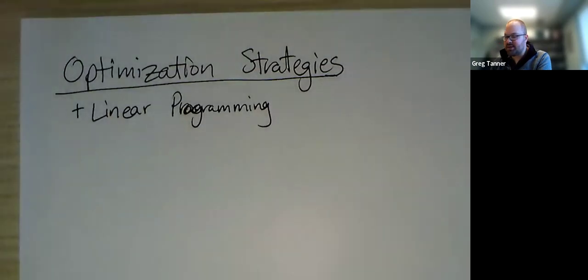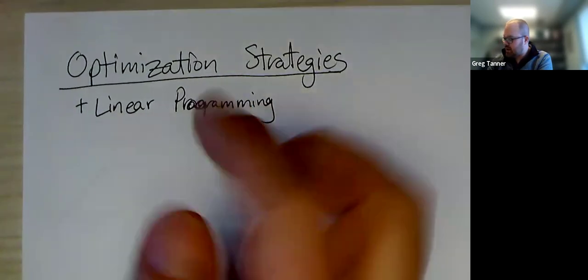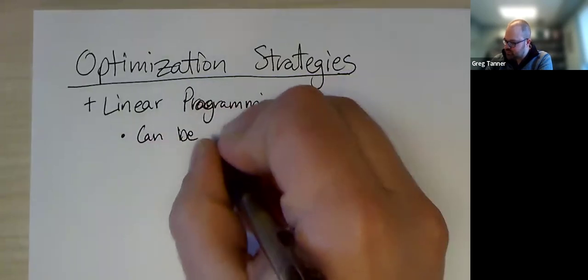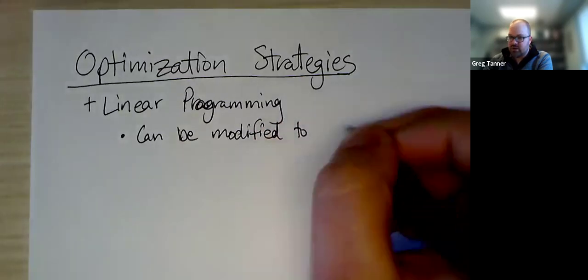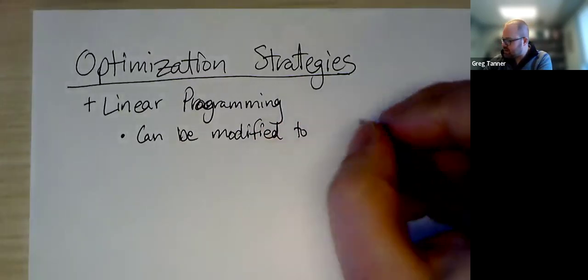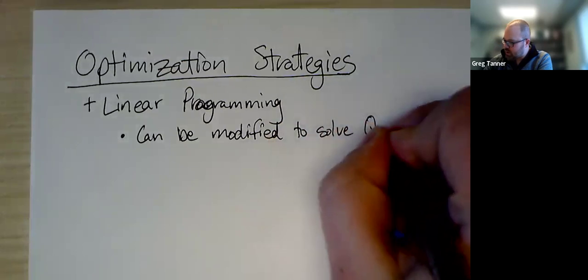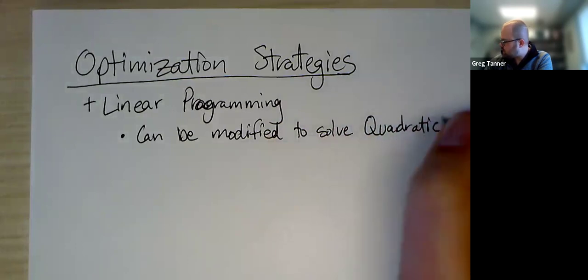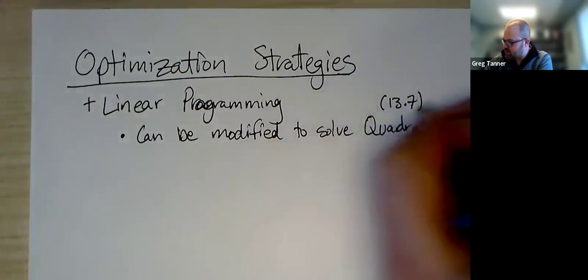And we've spent a lot of time talking about the simplex method and ways that the linear program can be solved. This can be modified to solve some related problems, to solve quadratic programs. And if you check the book, that's covered in 13.7 on how to do that.